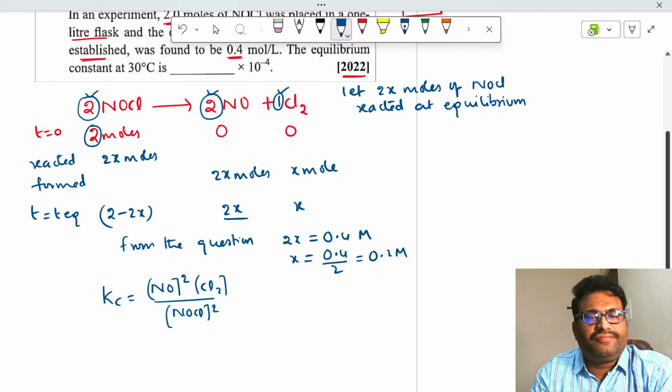NO concentration is 2x, and we have calculated x as 0.2, so I can write it as 0.4 square. This is all happening in a 1 liter container, so number of moles by 1 liter gives concentration.